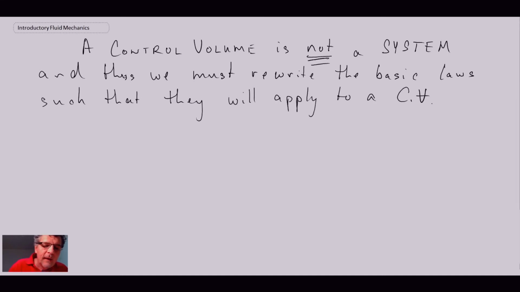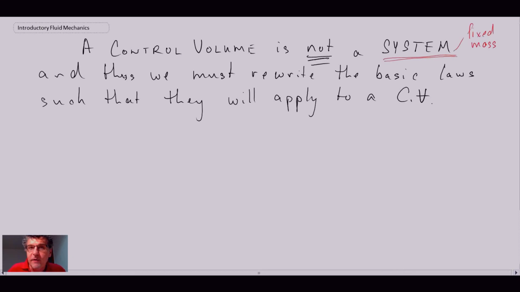I mentioned before, a control volume is not a system. By system, that usually means fixed mass, just like we talked about in thermodynamics. Here we have mass crossing the boundary, and so we need a way to express the governing equations that we're going to use, and those will be conservation of mass, momentum, and energy.